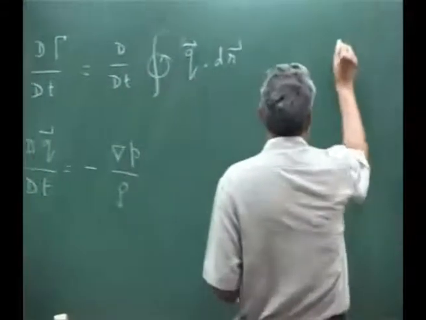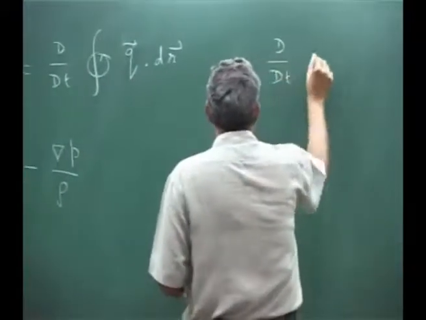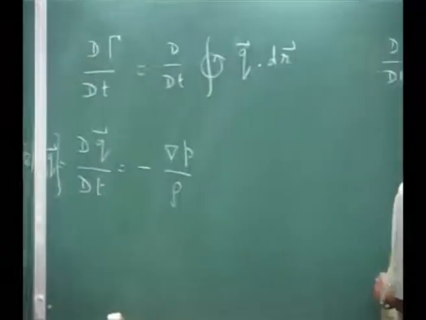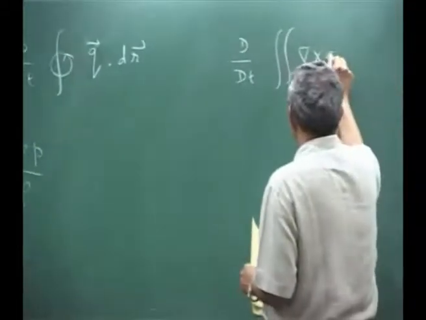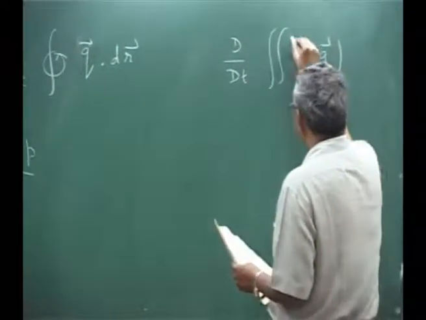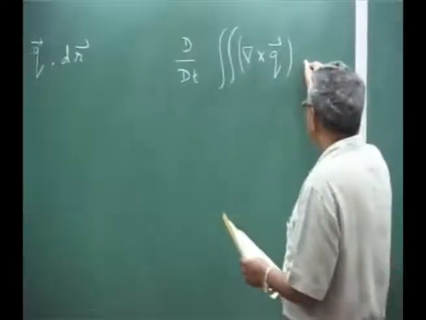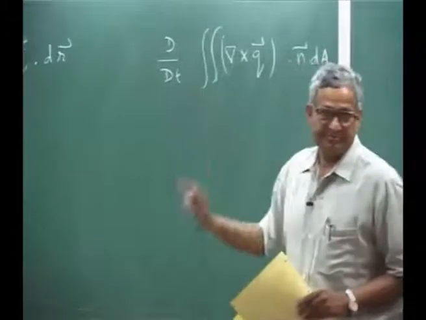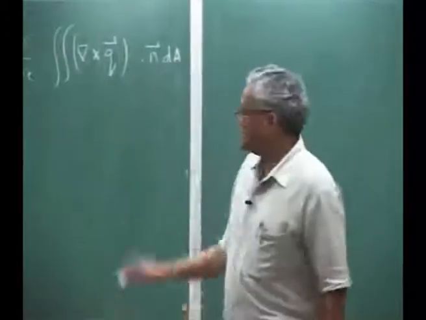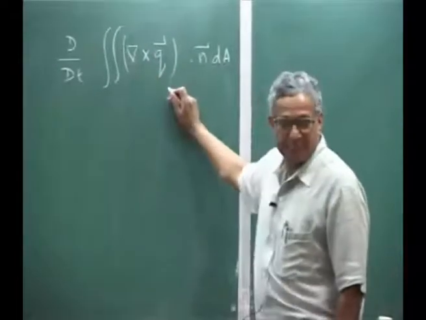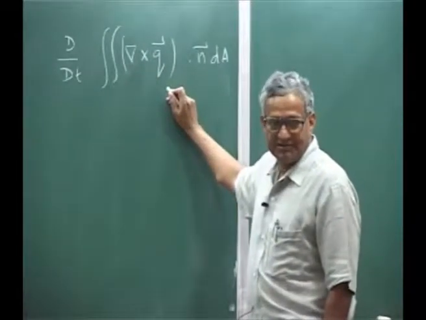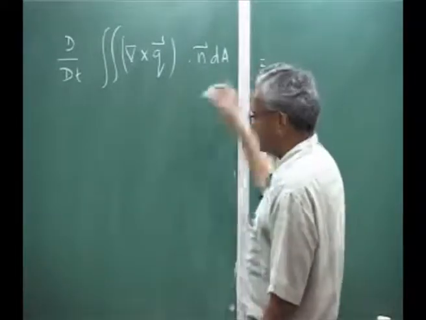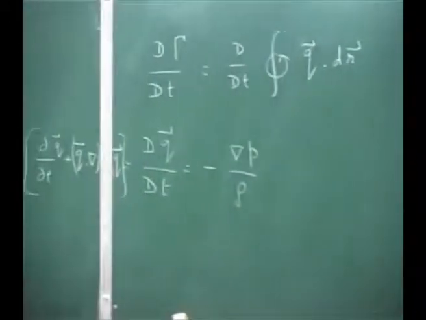So you write d by dt of the integral over an area of del cross q, dot n dA. That means basically you are calculating the circulation.